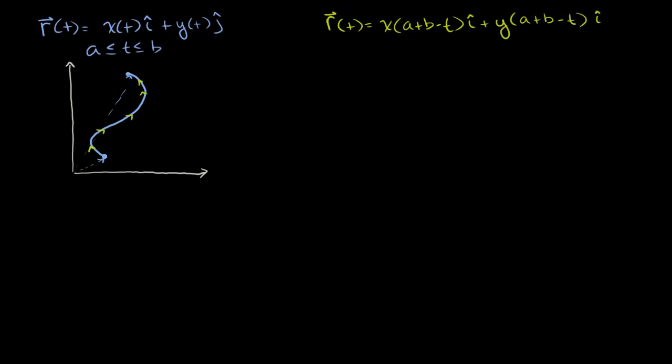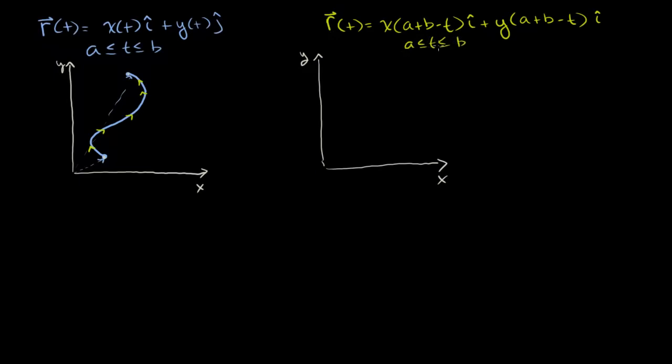The path defined by this position vector function is going to look more like this. Let me draw my axes, y and x. This path is going to look just like the other one, but this is also for a less than or equal to t less than or equal to b.